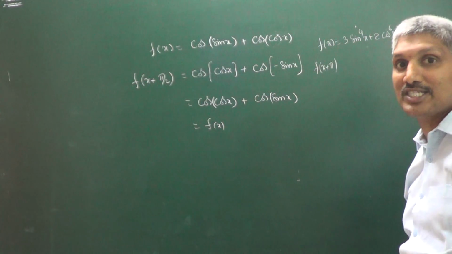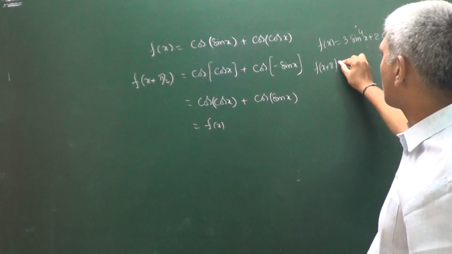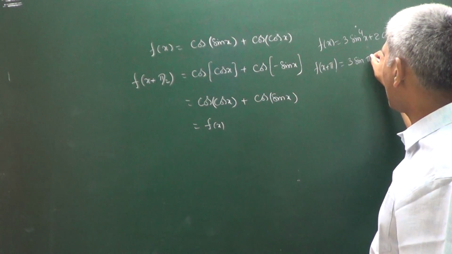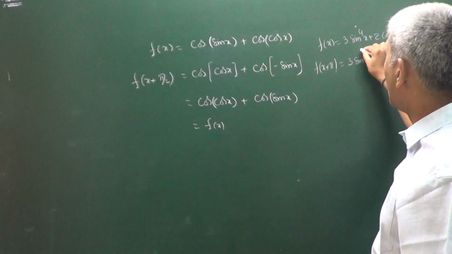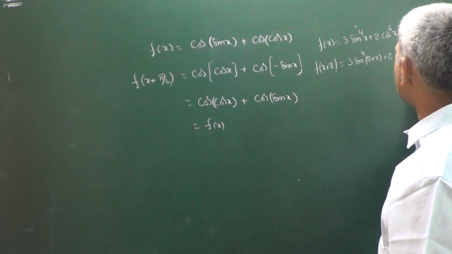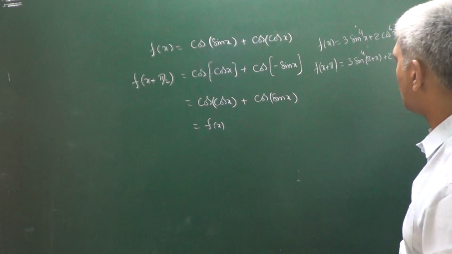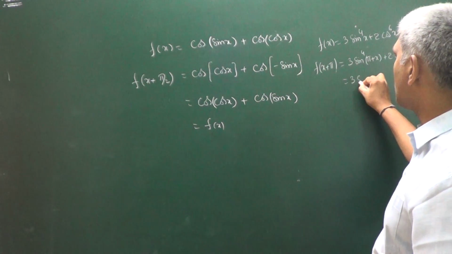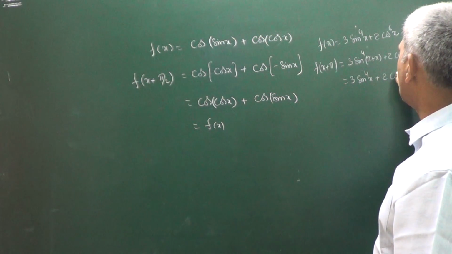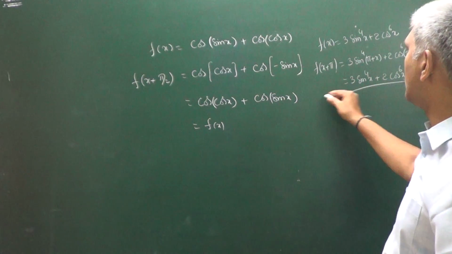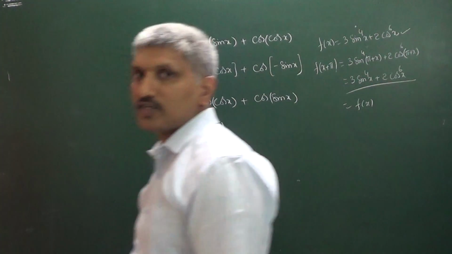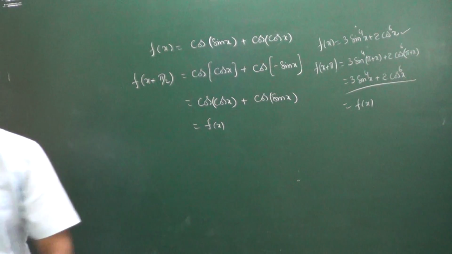That's why you won't get the same function. So f(x + π) is equal to, you will get 3(sin(180 + θ))^4 plus 2(cos(180 + θ))^6. Now we can write this as 3(sin x)^4 plus 2(cos x)^6. That is f(x) only. That's why this is a periodic function with the period π, we can say.